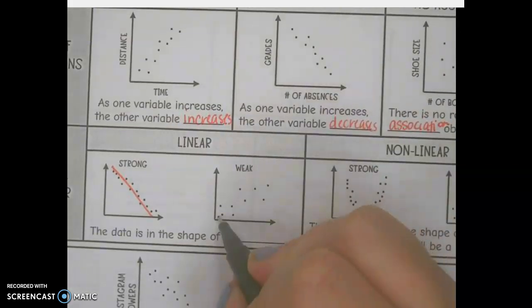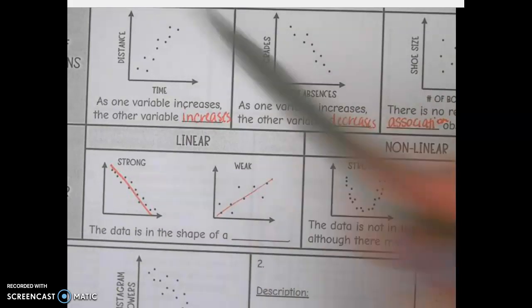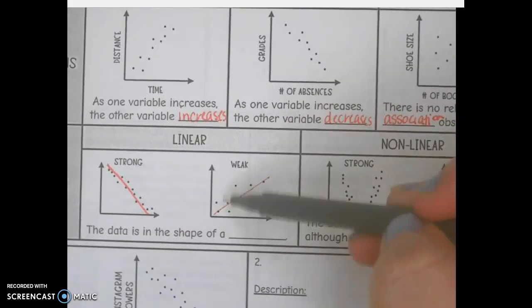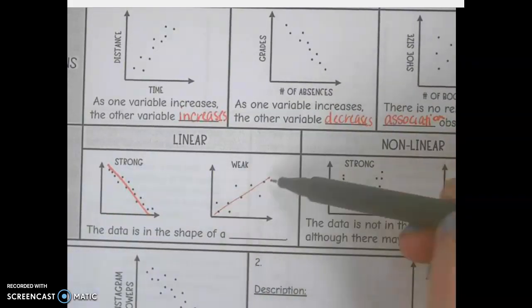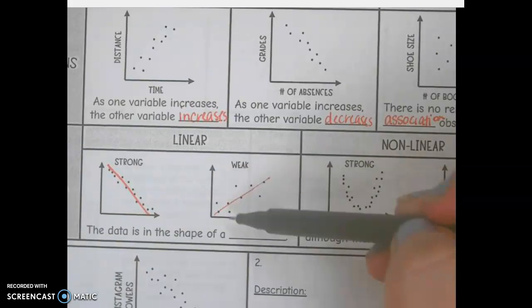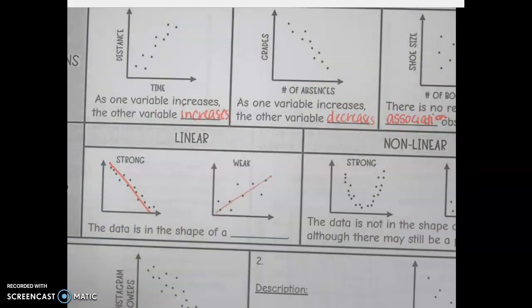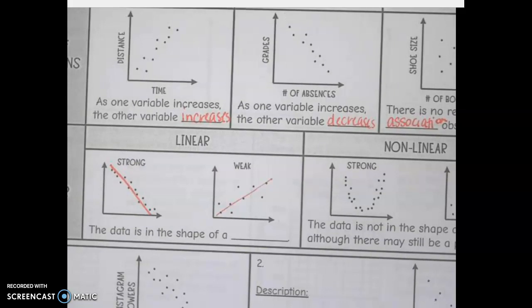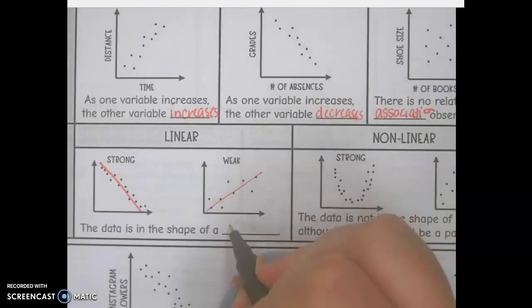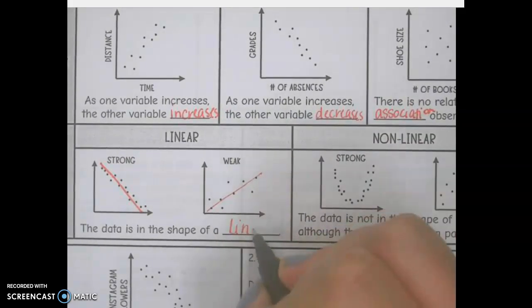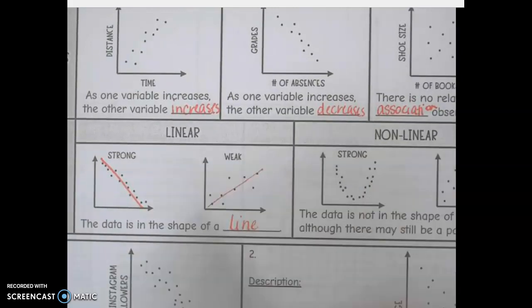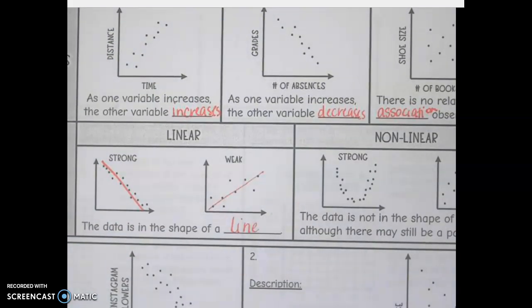This one is a positive correlation, but you can see that when I draw a line kind of right through the data, the dots are kind of far away from that line, which tells me this data is in the shape of a line, but this one's definitely weaker. And just like you would imagine, the stronger it is, the more likely that those two things affect each other.